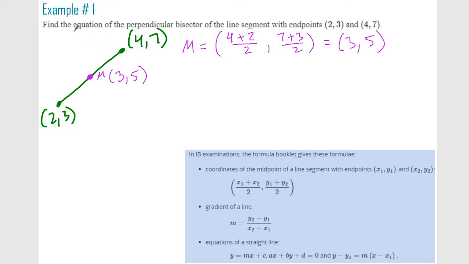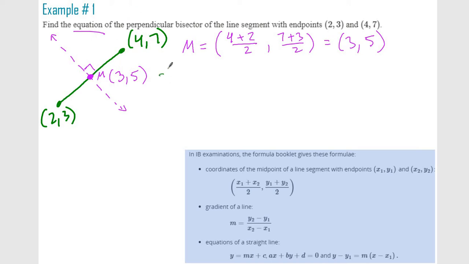Now, we want to find the equation, so we need the actual line that goes like this. Well, we've got one point that goes through it, and what else do we need to make a line? We either need another point, or we need the slope. Since it's perpendicular, we can find the green line.